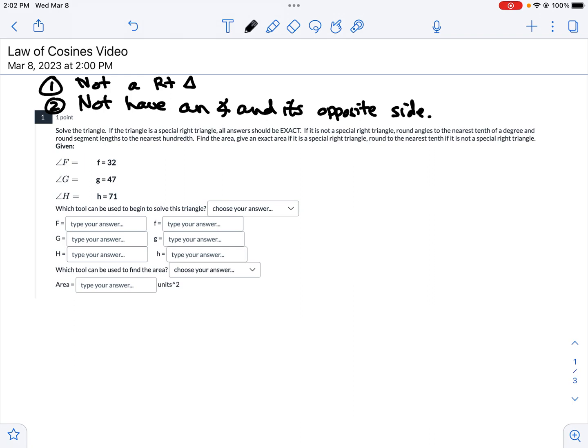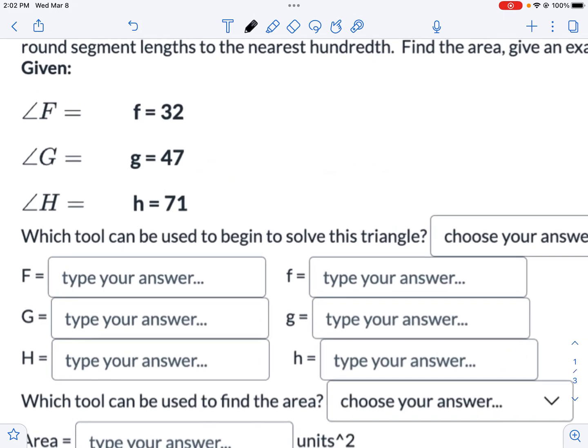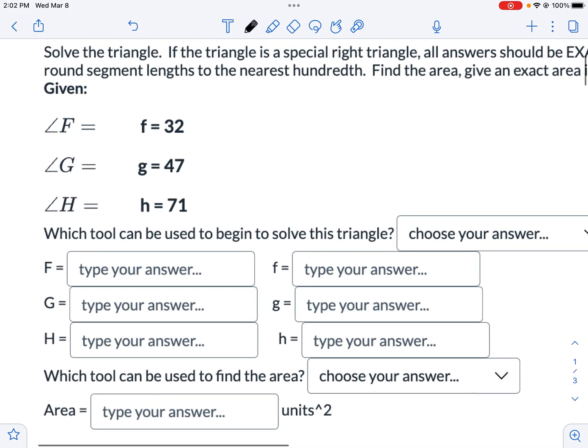In other words, if we look at this first example, there's nothing here that tells us it's a right angle, so it's not. As a matter of fact, the Pythagorean theorem would not work. So it's not a right triangle, and I don't have a match.